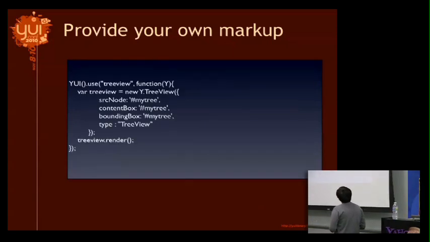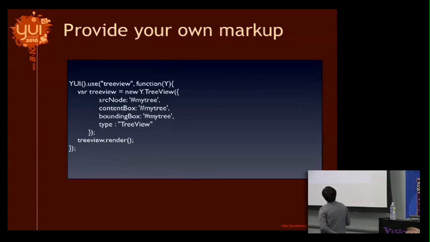You feed this to the YUI use statement. All you need to do is specify TreeView, create a new TreeView, and specify the source node, the content box, the bounding box, and your type, and then finally you just render. That's all you need to do to create a TreeView from markup.